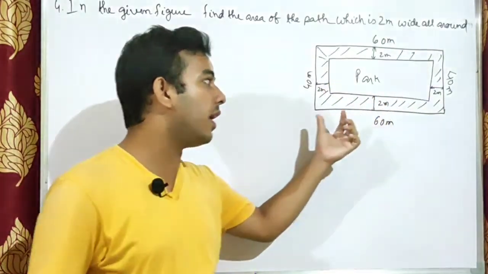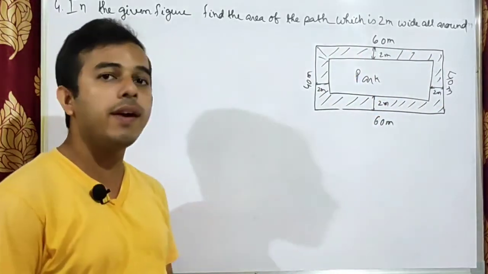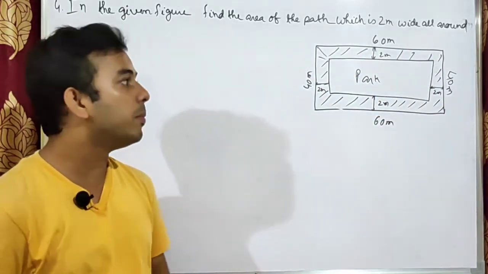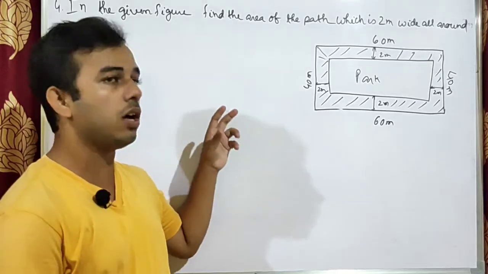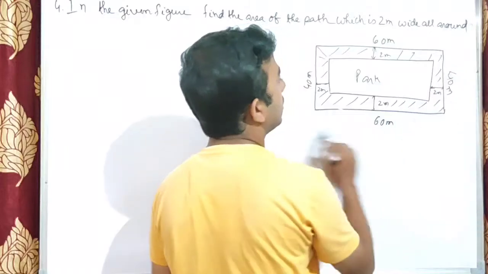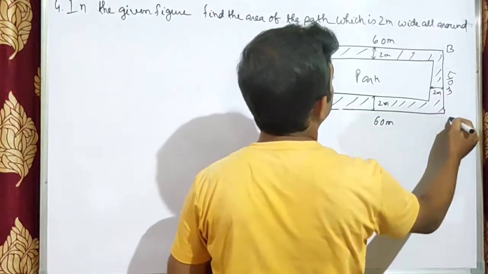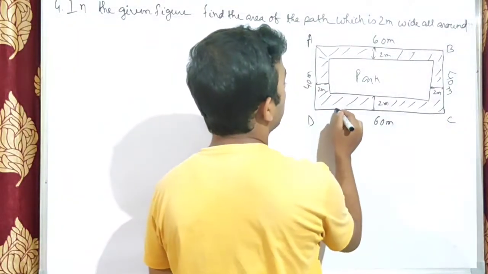In the question what is asked is that we have to find the area of this shaded region. So how can we find the area of the shaded region? Basically this problem is about the area between two rectangles, isn't it? Look, consider this is one rectangle, for example we name it A, B, C, D. ABCD is one rectangle, right?